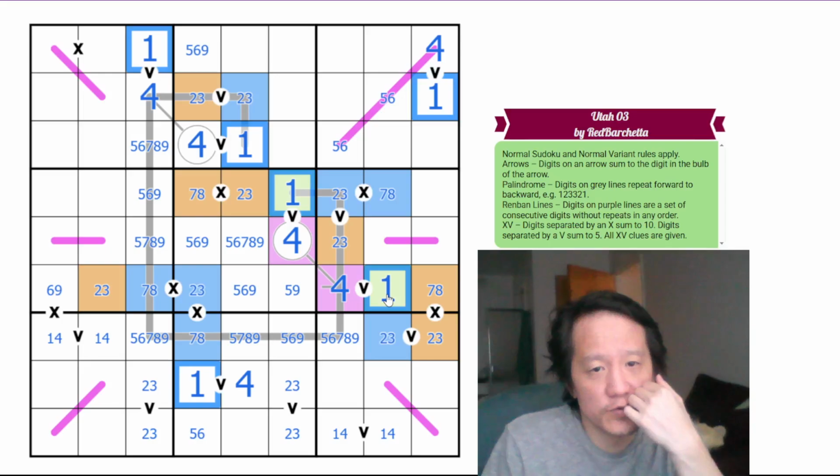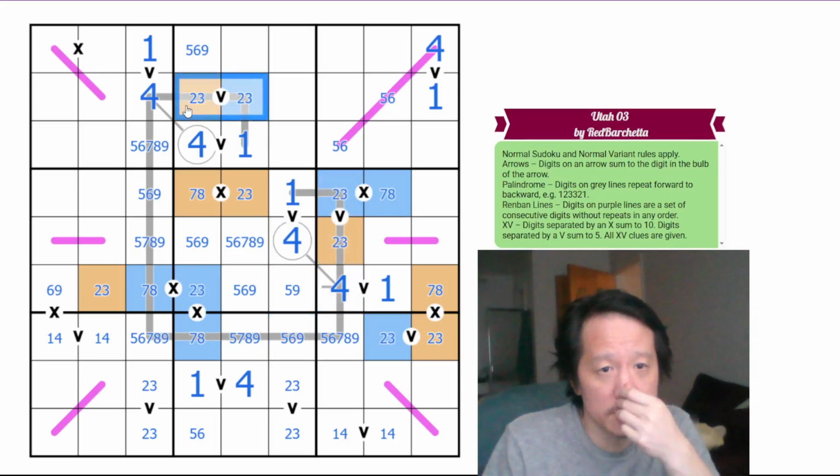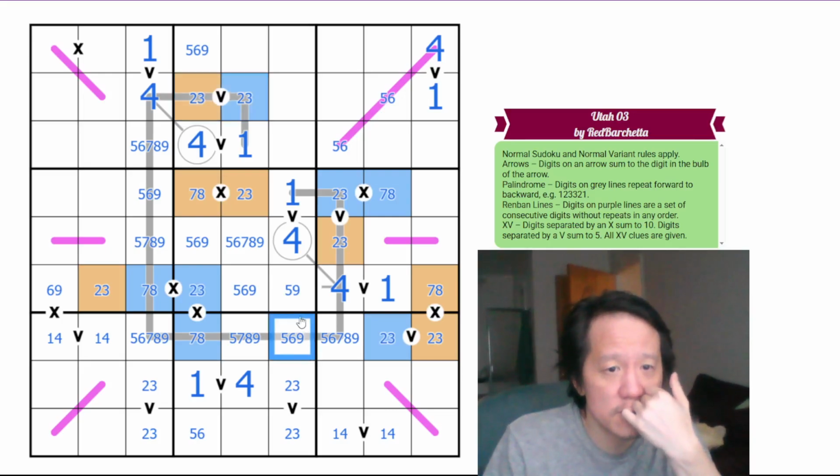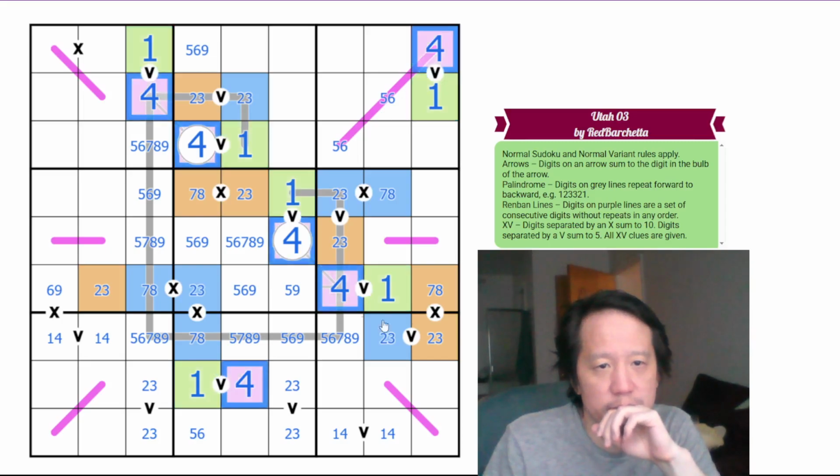Okay, so we can remove these greens and pinks because of the palindrome. So this is done, this is done. I guess let's mark these still green, and these are pink.